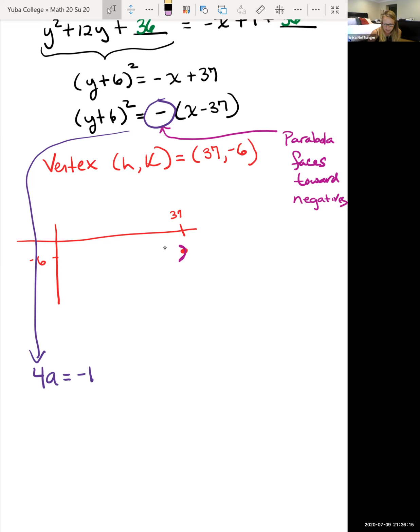If I divide both sides by 4, I know that a is equal to negative 1/4. So my focus is going to equal my x value here minus my a value here. So 37 minus 1/4, comma, my y value is the same, so negative 6.